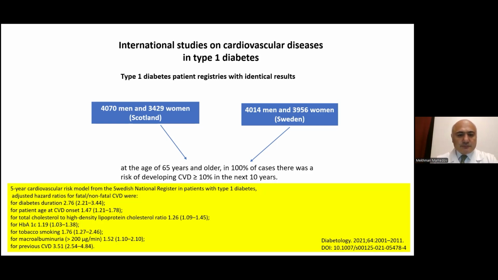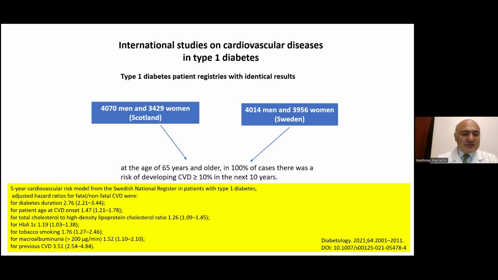In the register in Scotland, about 4,000 men and 3,500 women were included, and in the Swedish national register, about 4,000 men and 4,000 women. At the age of 65 years and older, in 100 patients, there was a risk of developing cardiovascular disease of more than 10% in the next 10 years.